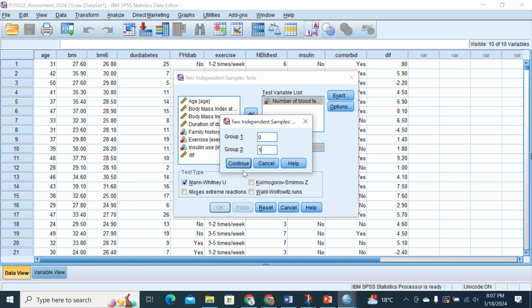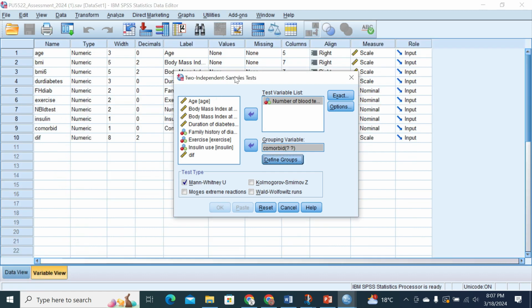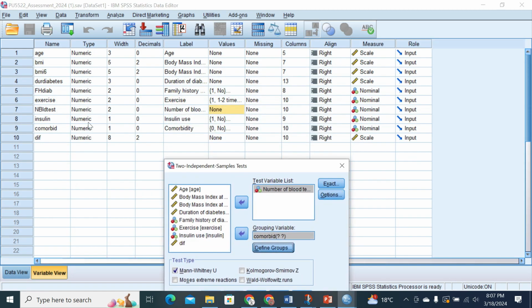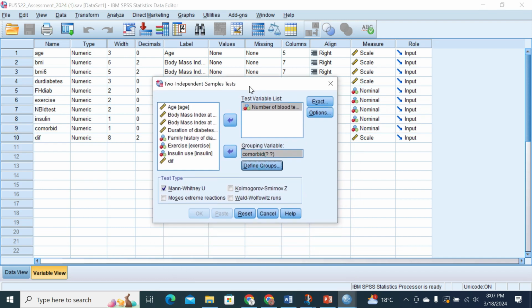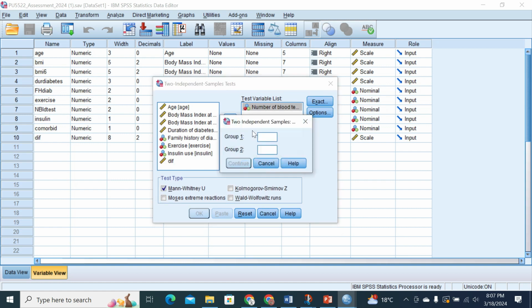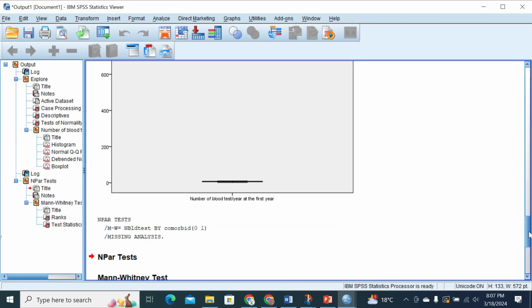We got this from the value labels. We check comorbidity and can see 0 and 1. These are the definitions of the groups: 0 means no, 1 means yes. Then press OK.